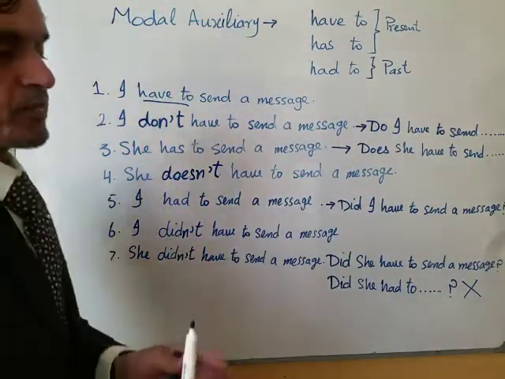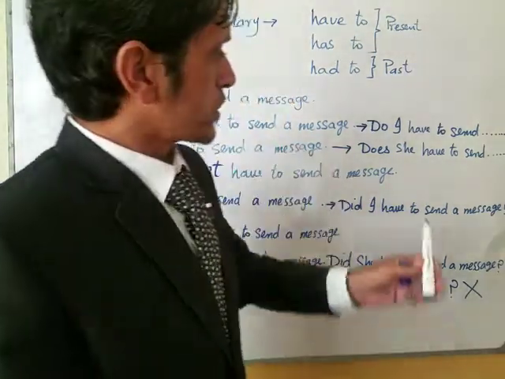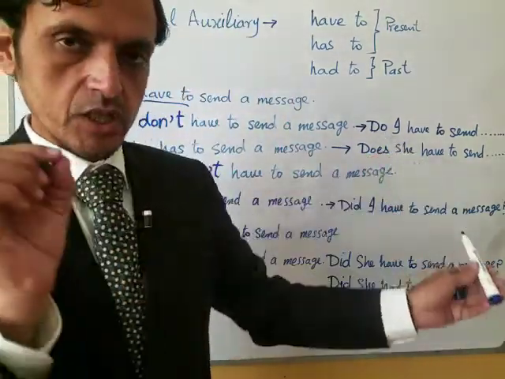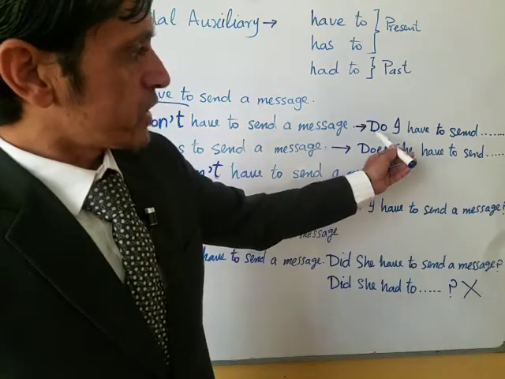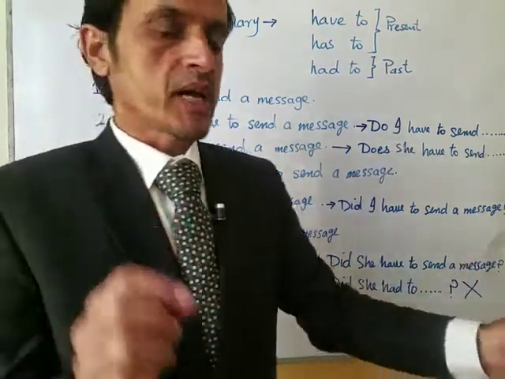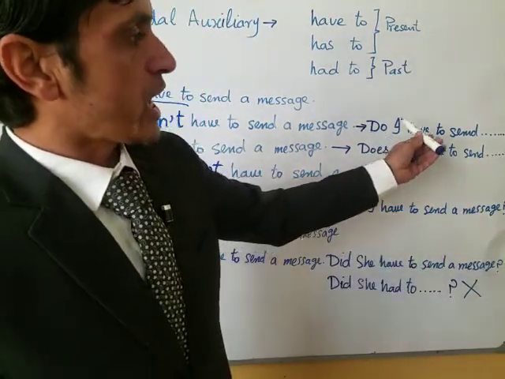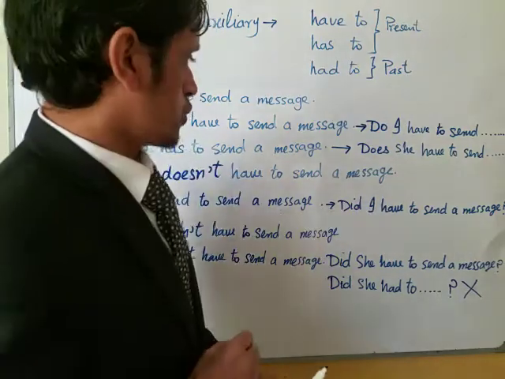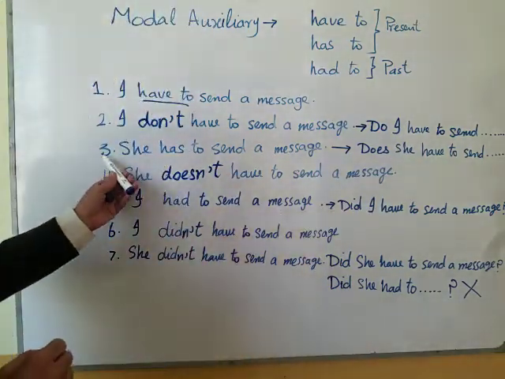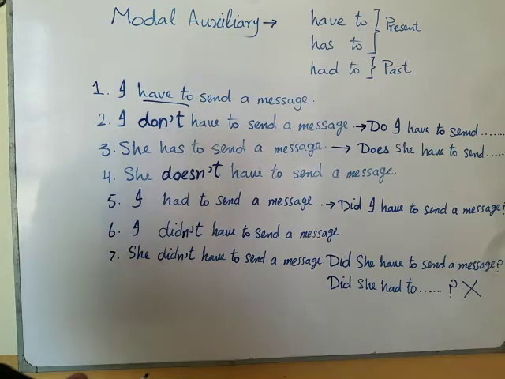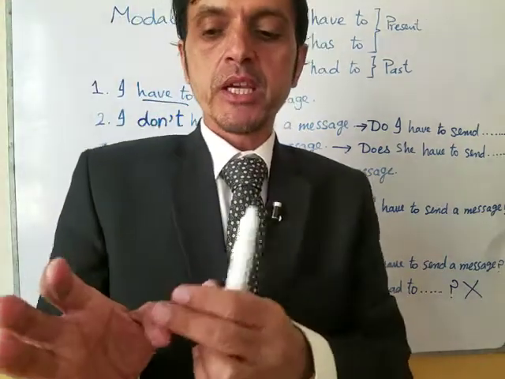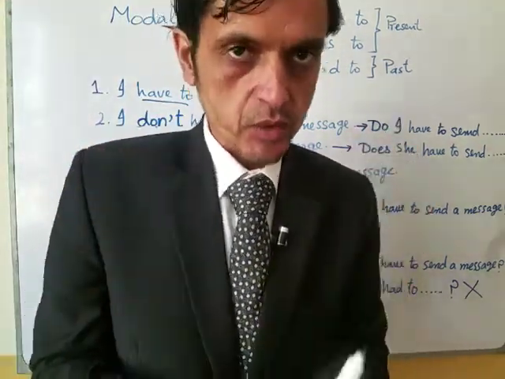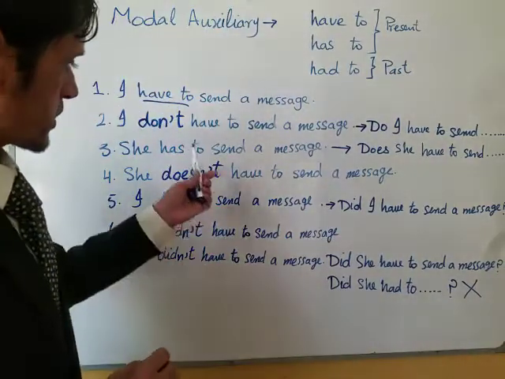And if you want to make an interrogative, we will bring do at the beginning. So the interrogative will be made in this way: Do I have to send a message? Now look at this one. She has to send a message. As I told you, with he, she, it and singular subjects we use has to.